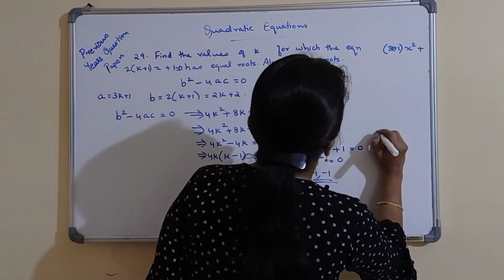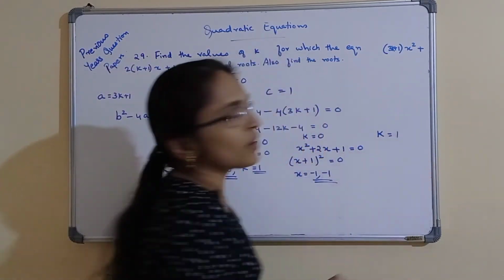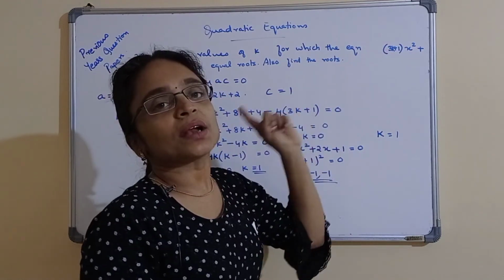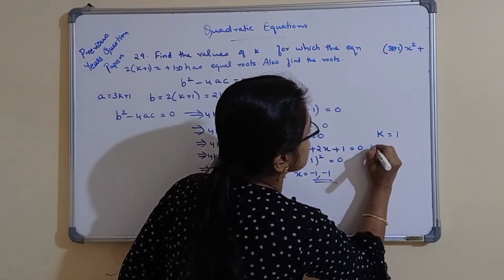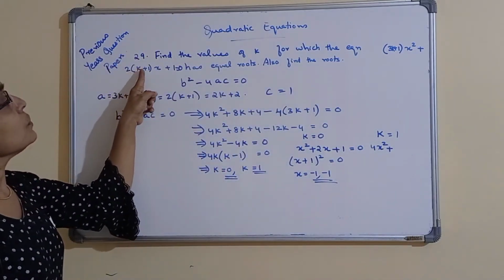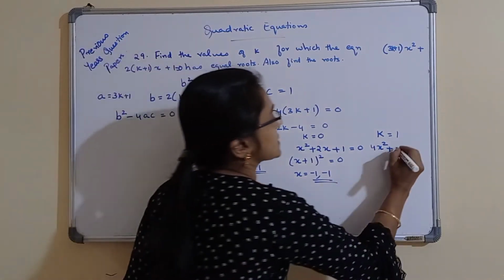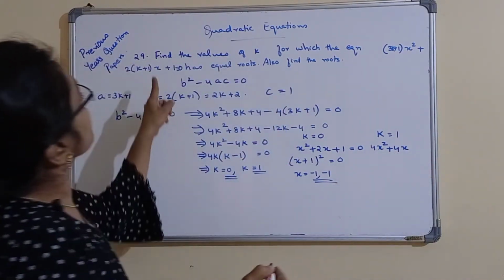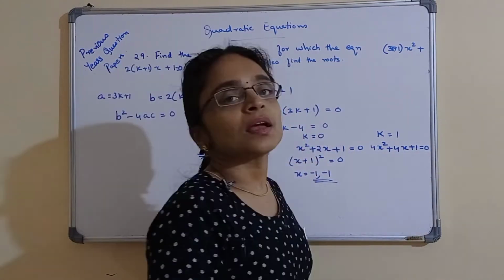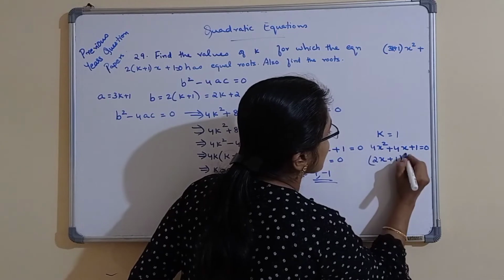Now when k equal to 1, what is the equation? 3 plus 1 x square, that is 4x square plus 2 into 1 plus 1, that is 2 into 2, 4x plus 1 equal to 0. So this is of the form 2x plus 1 the whole square.